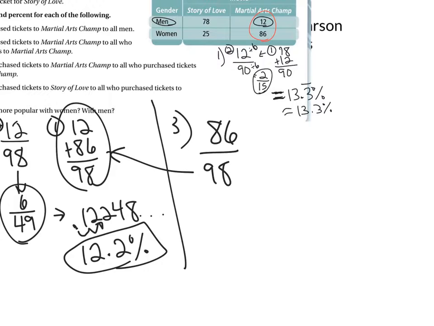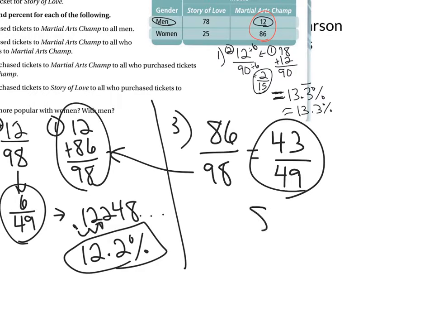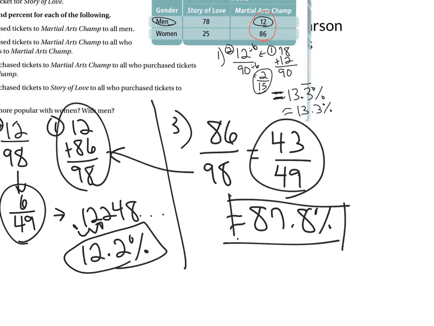And then we're just trying to reduce if we can. Those are both even, so we can reduce that to 43 over 49. And that's all the further we can go with that. So that would be about 87.8%. Okay, 87.8% of the people who watched Martial Arts Champ were women.